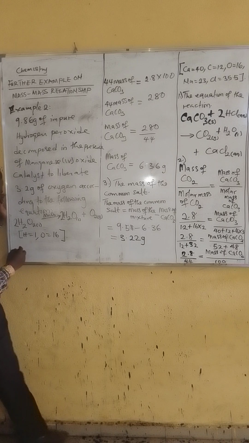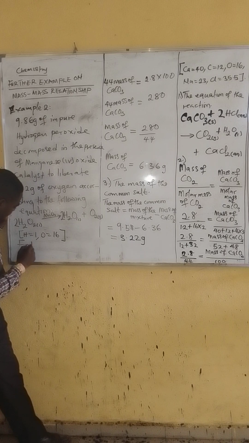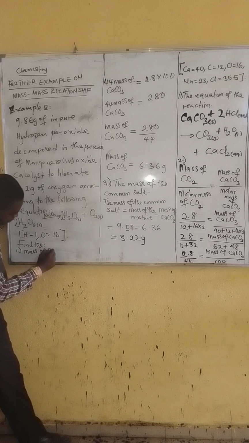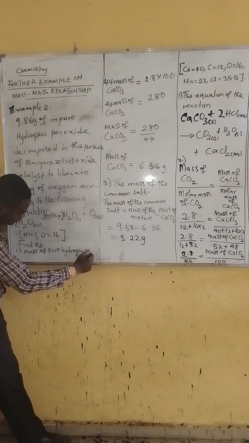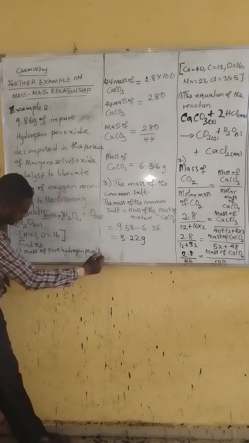They will now say find: 1. The mass of pure hydrogen peroxide. 2.